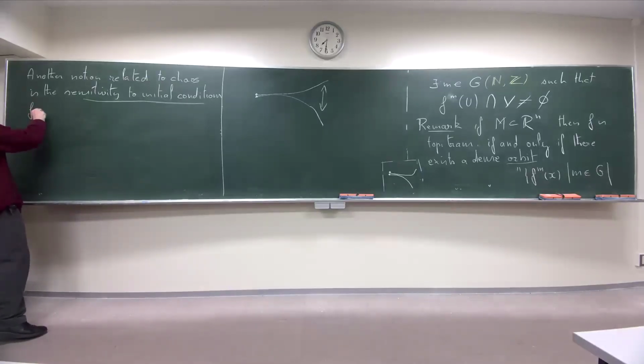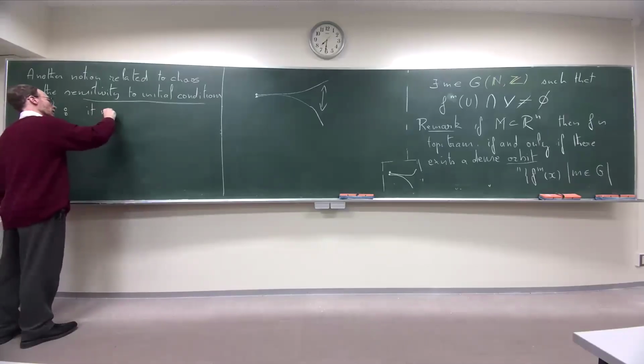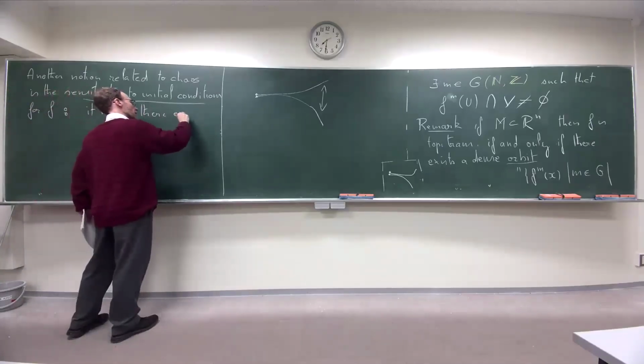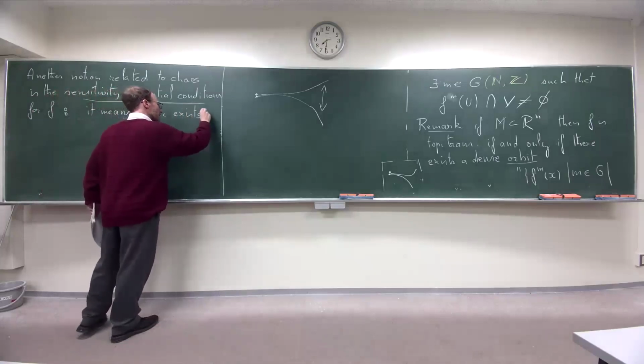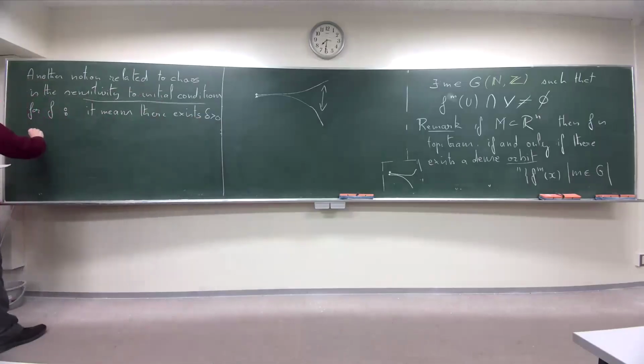So for F, what does it mean? It means there exists a delta bigger than 0, such that, so I need to write it completely and then we can discuss.